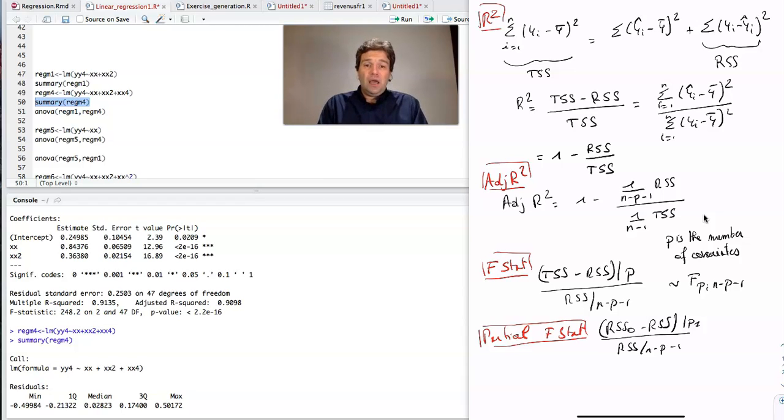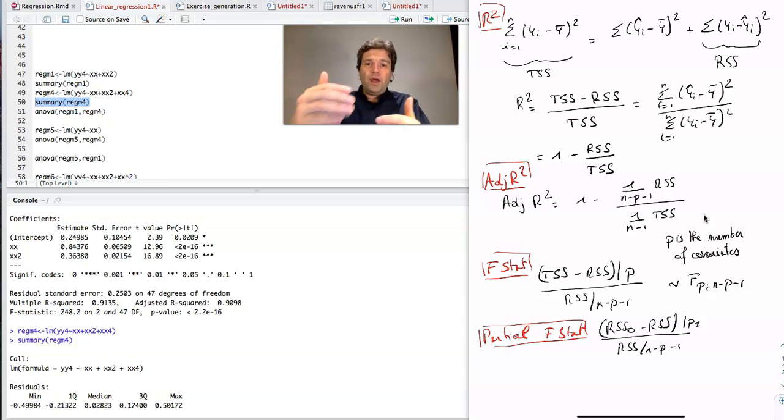And we see how the adjusted R square evolves. It is going to increase if the covariates have an interest in the model, if these covariates in a way explain the output.